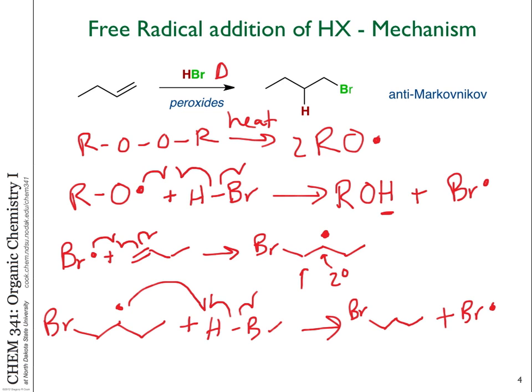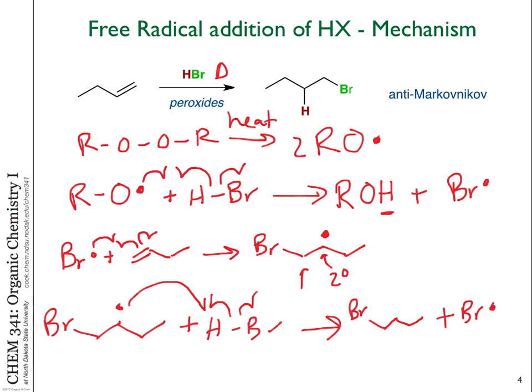So simply by changing the mechanism and the reactive species from cationic species like proton to free radical species, which then causes the formation of Br radicals, you've switched the order of addition. With just the acid HBr, you had the proton first and the Br minus second.